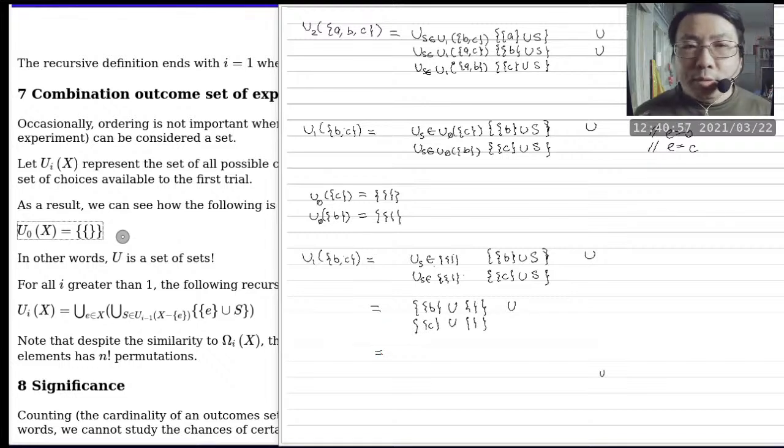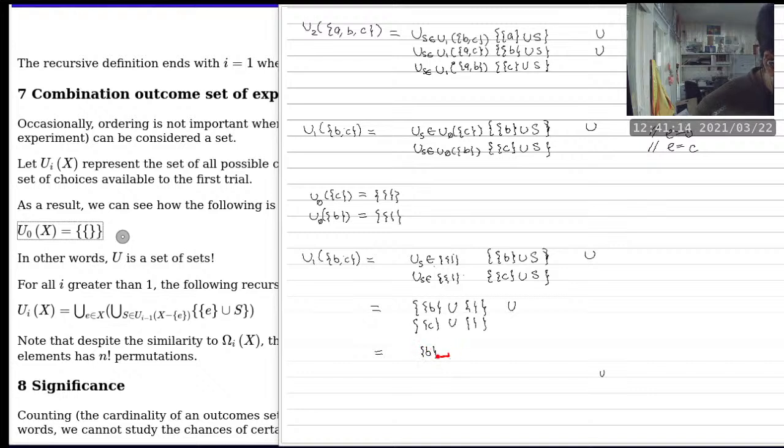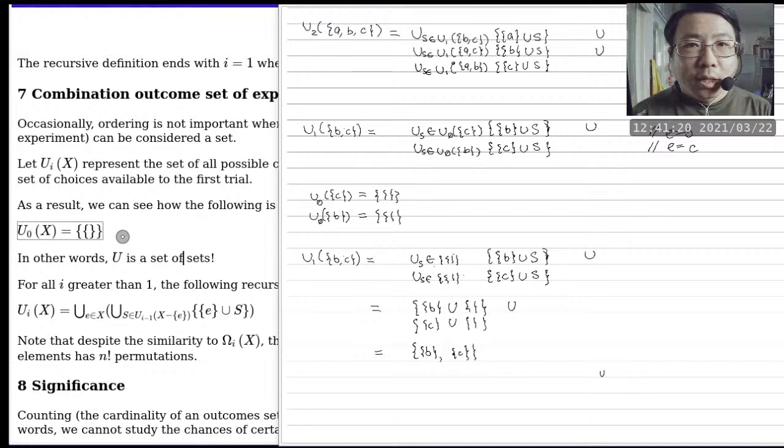But we also know anything union with the empty set is just that thing itself, because the empty set cannot contribute anything in a union operation. So now we just end up with the set of B and the set of C as elements of the actual result of U1 of BC.